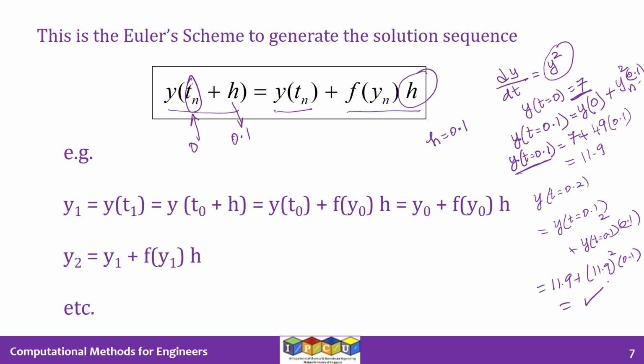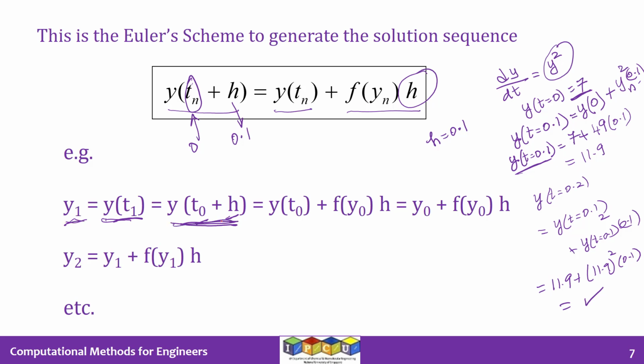Coming back to what we have in the slide, y1 is nothing but y at t1. So y at t1 is going to be the same as y at t0 plus h, because from t0, if you move forward by h, where h is the step size, you will reach t1. So t1 is nothing but t0 plus h. So y at t0 plus h is the same as y at t1, which in shorthand form is y1.